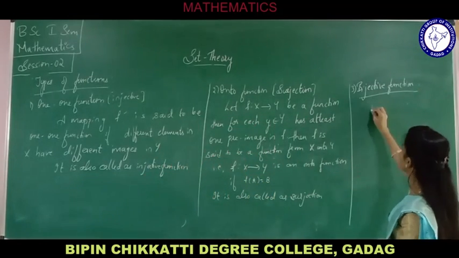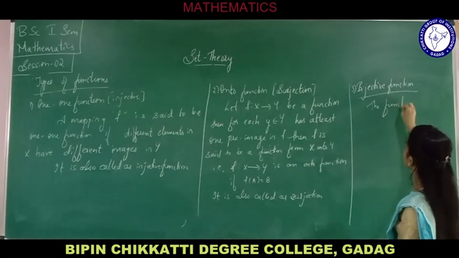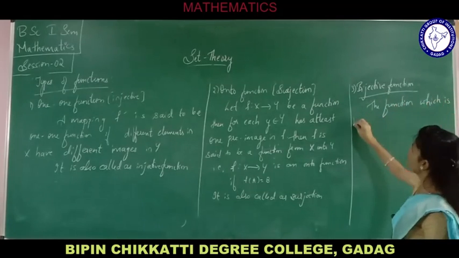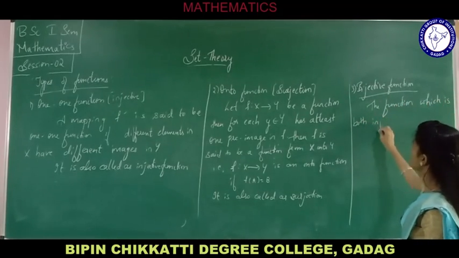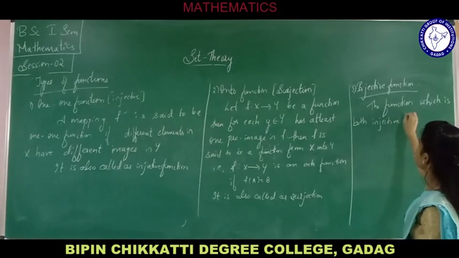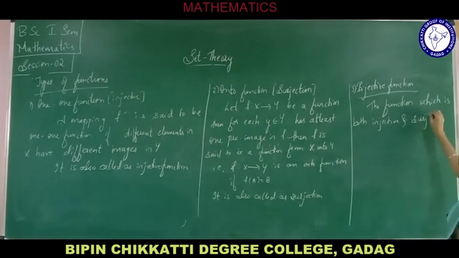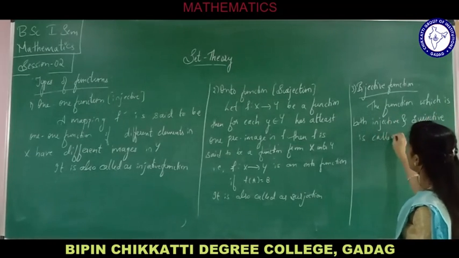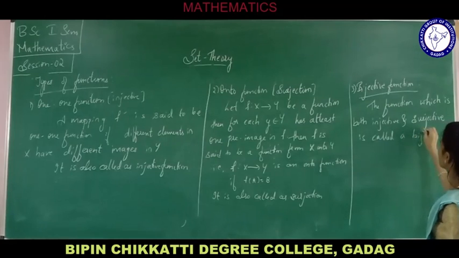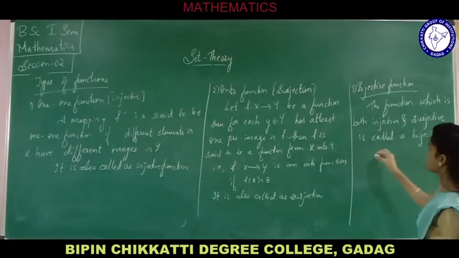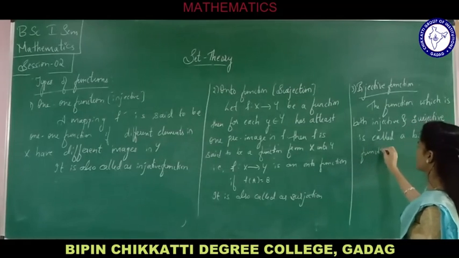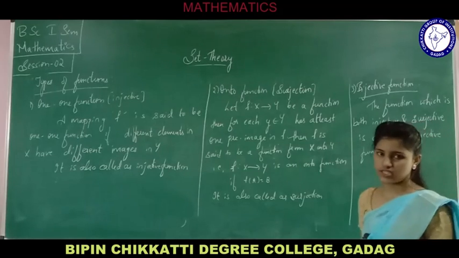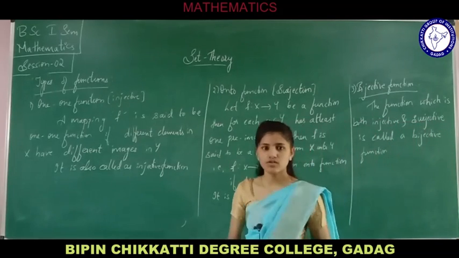The function which is both injective and surjective is called a bijective function. That is, a function should be both injective as well as surjective. Then it is called a bijective function.